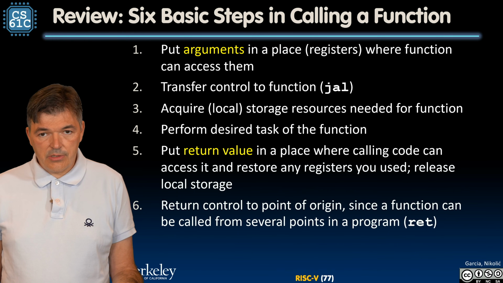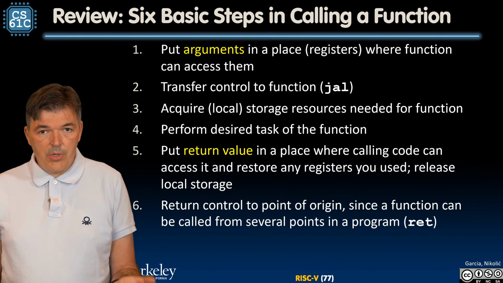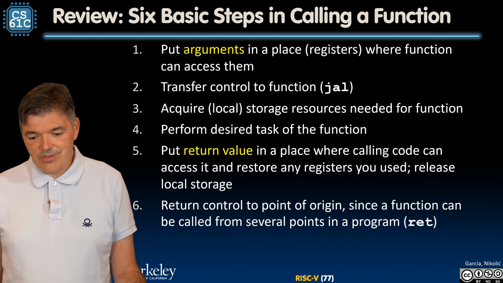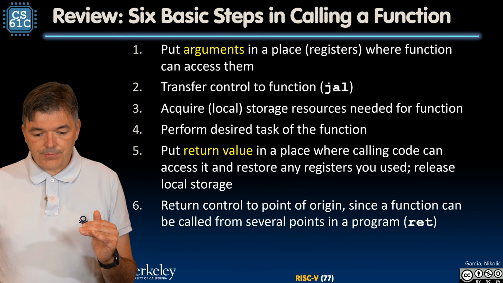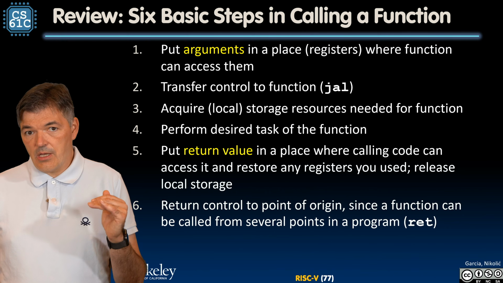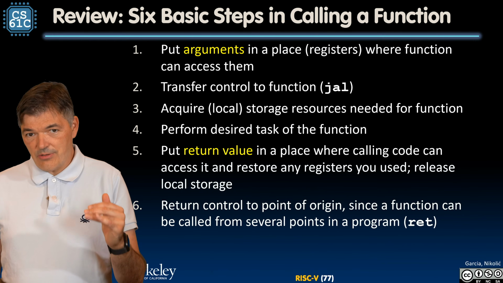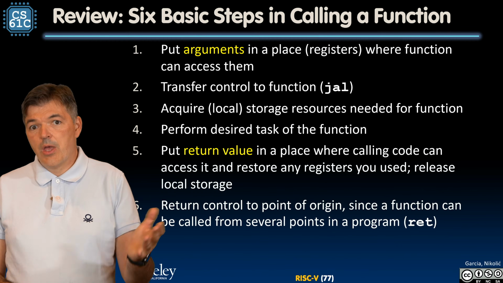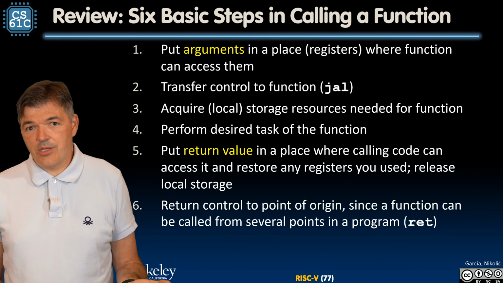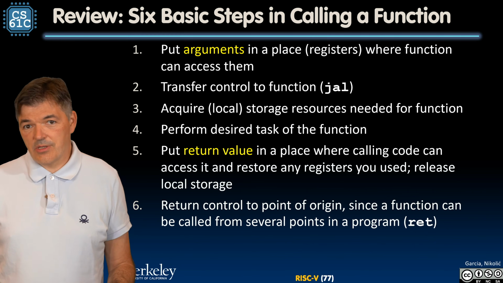Then it will return control to the main program by using a single instruction, which is return. Return uses an address stored in a register to return to the place where it was called from, because there can be many locations in the main program that would be calling the same function.